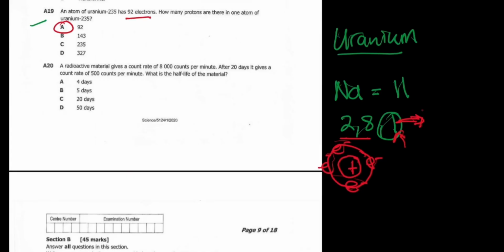If it is an ion, in the case of sodium, then after losing that one, you see that the proton number remains 11, whereas the electron number is going to remain 10. Because these are negatively charged and the protons are positively charged, the 10 negatively charged electrons are going to cancel the 10 positively charged protons.